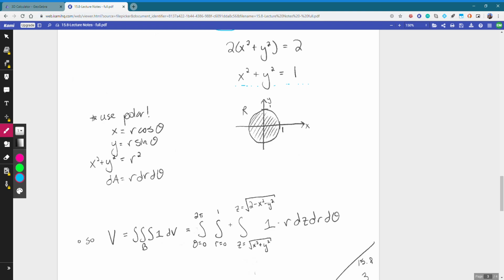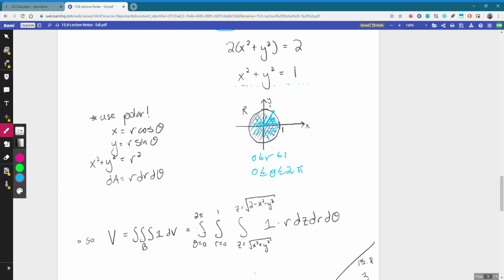And then these last two integrals come from our polar description of our unit circle. For any angle, it's going to use r's from 0 up to 1, so r between 0 and 1, and we're going to want to do that from theta equals 0 all the way up to 2 pi in order to trace out that whole disk.